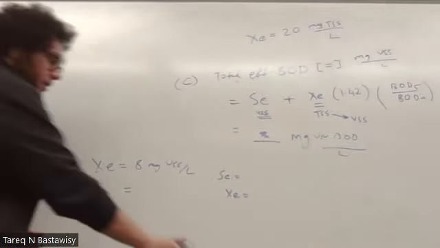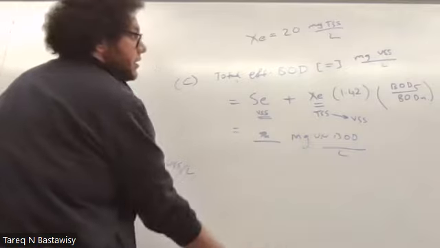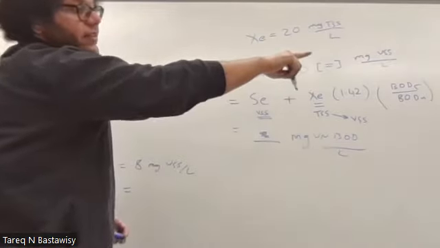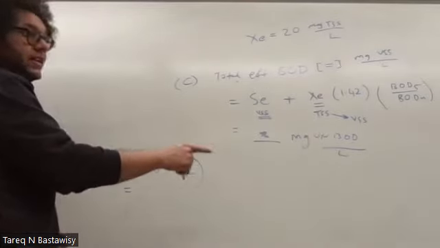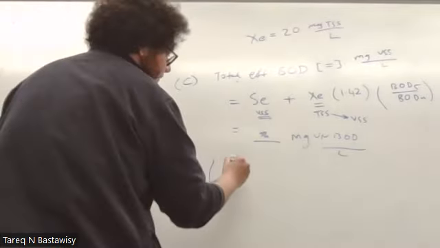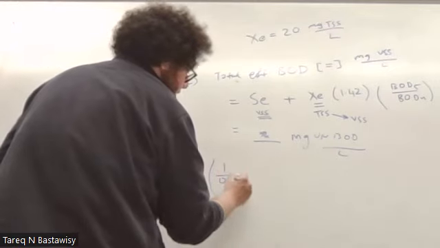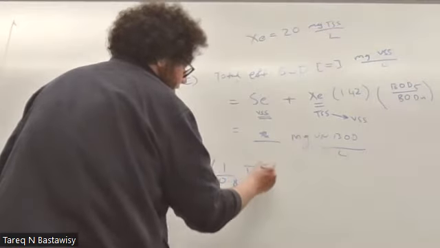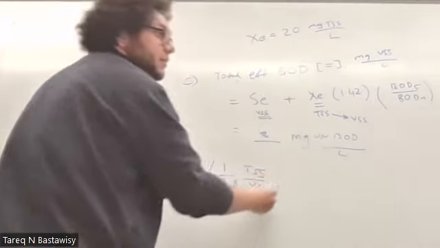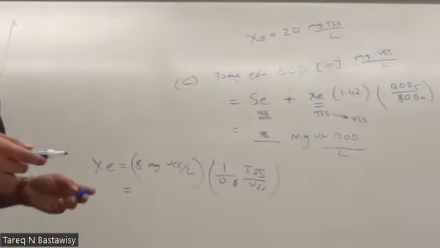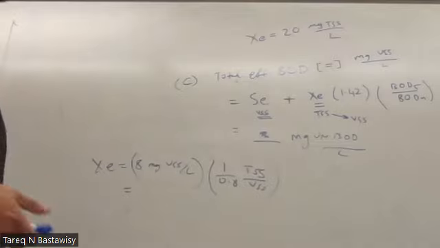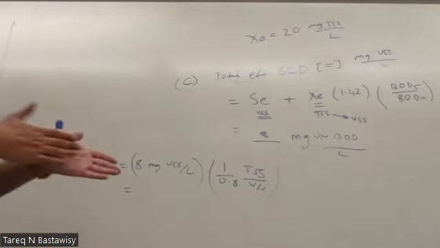Keep that in mind, because the conversion is 0.8 VSS over TSS. So if I want to convert VSS to TSS, it'll have to be 1 over 0.8 TSS over VSS. Does that make sense? Right, so that's how you can report it however you like. I was confused by the XE being TSS. Yeah, that makes sense.